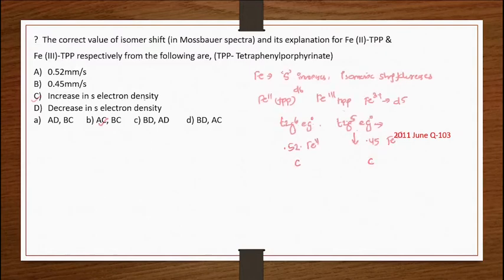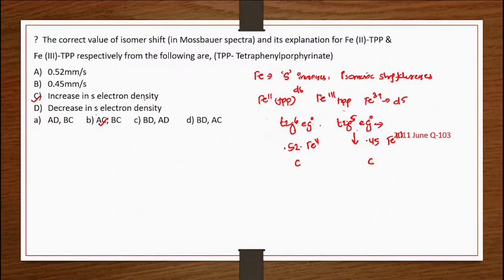The d6 low spin complex will have t2g6 eg0 configuration, and the d5, that is Fe3 plus low spin complex, will have t2g5 eg0 configuration. So in both the cases the electrons are absent in the eg orbital. That means the eg orbitals are more towards the nucleus, so the shielding effect will be less in both the complexes.